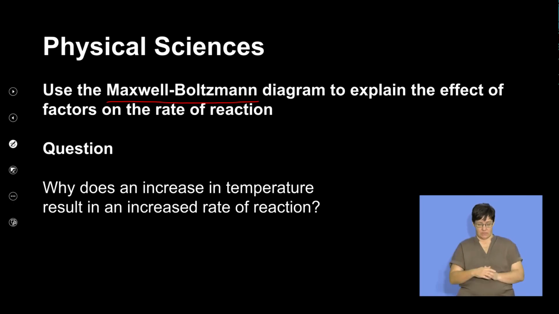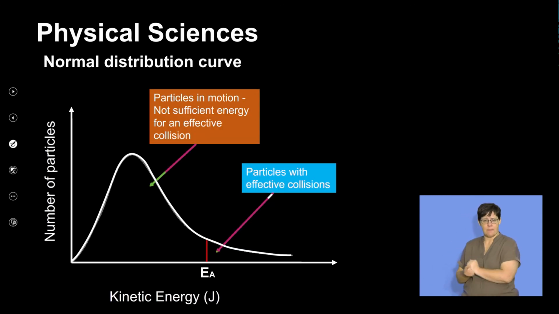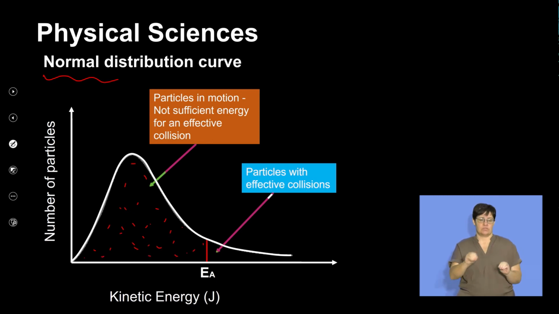The question today is, why does an increase in temperature result in an increased rate of reaction? When we first look at the normal distribution, this is how it will normally look at a particular temperature. As I said last time, these are all the particles in motion, and this motion is determined by the temperature the particles are exposed to.